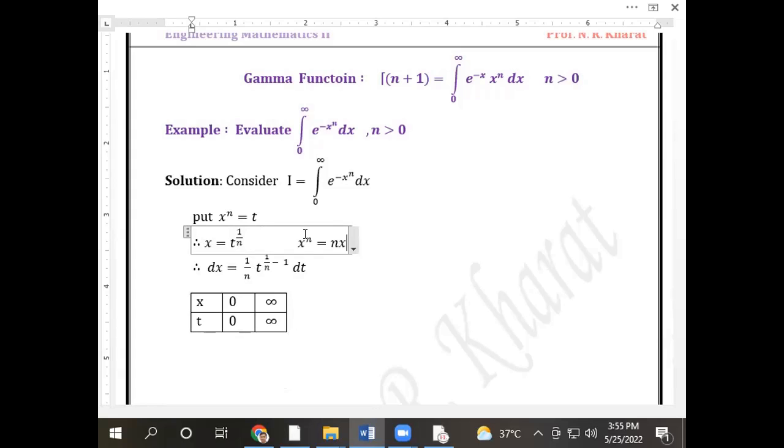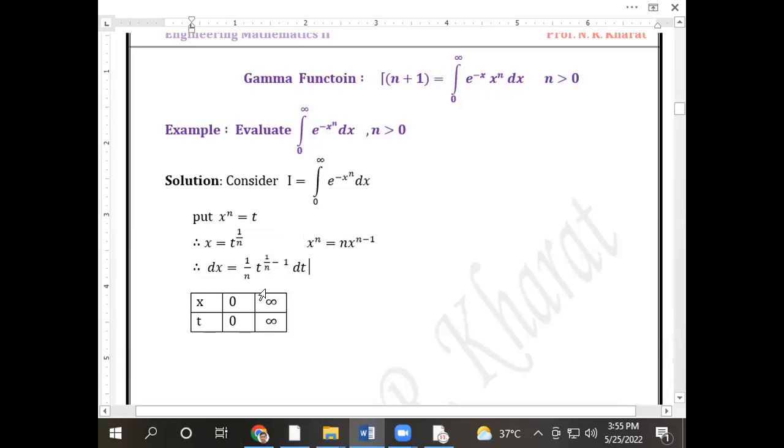With the help of this formula, the index of t is 1 upon n, the index reduced by 1 gives 1 upon n minus 1, and the derivative of t is dt.